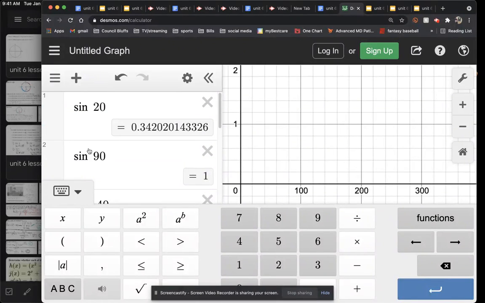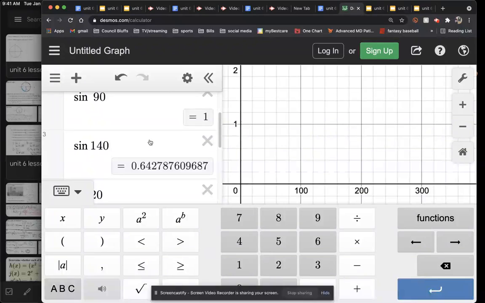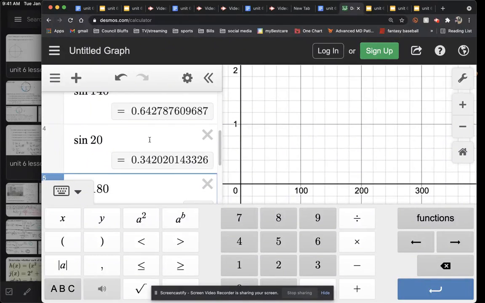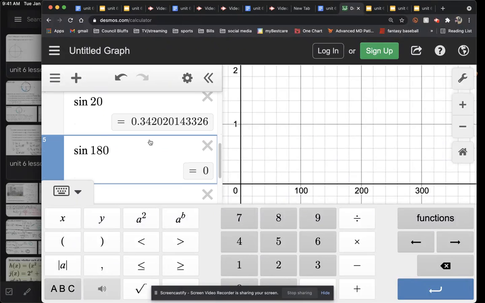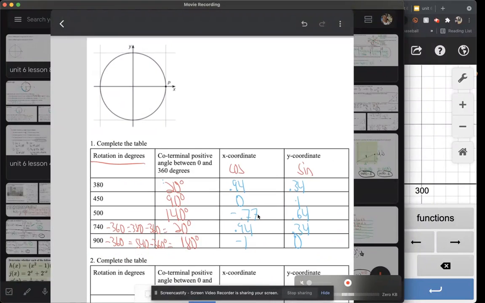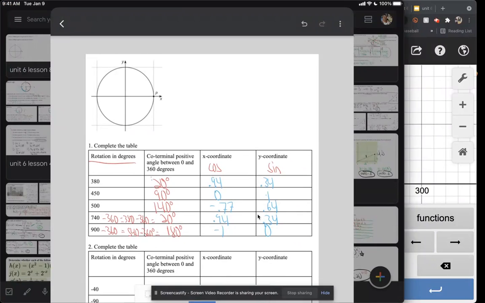So this will be 0.34, 1, 0.64, 0.34 again, and 0. And you can see, let me move this out of the way, I've now filled in the entire table.